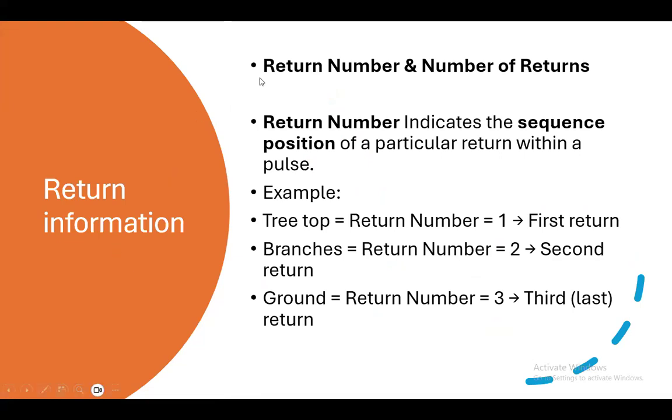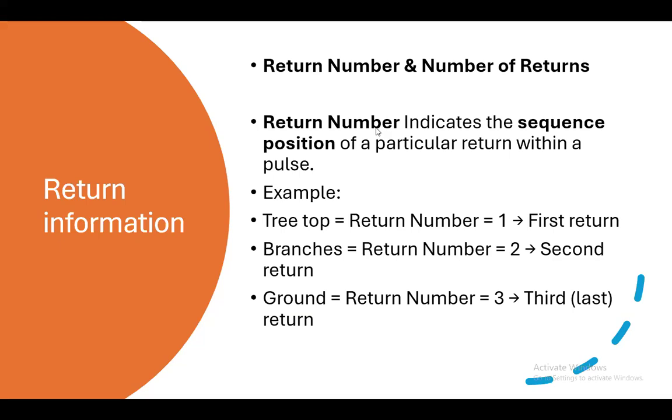Return information is stored in two dimensions: one is return number, another one is number of returns. There is a difference between them. What is return number? Return number indicates the sequence position of a particular return within a pulse. For example, the first return, the second return, the third return.